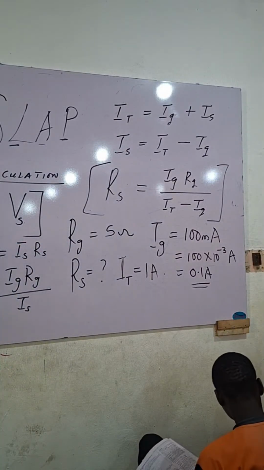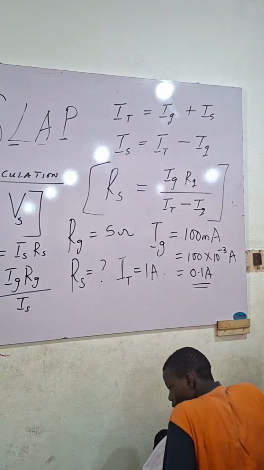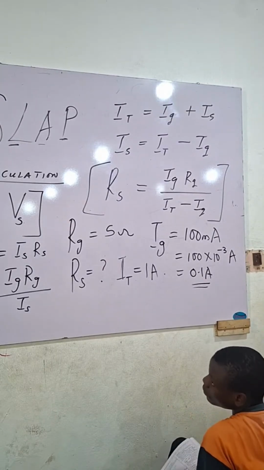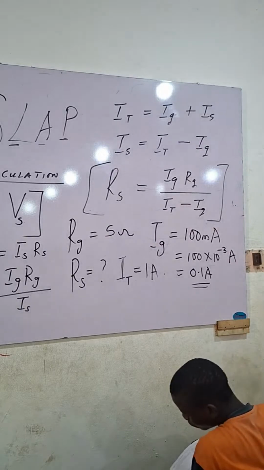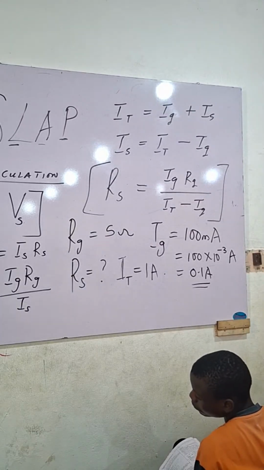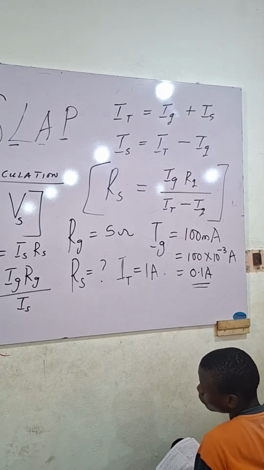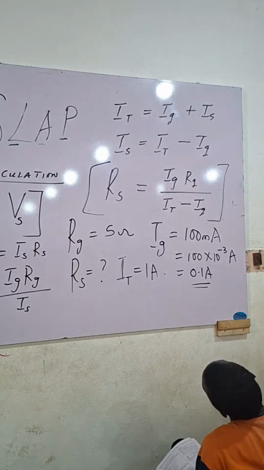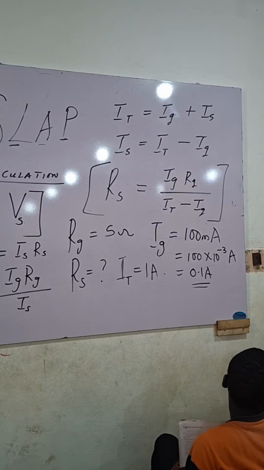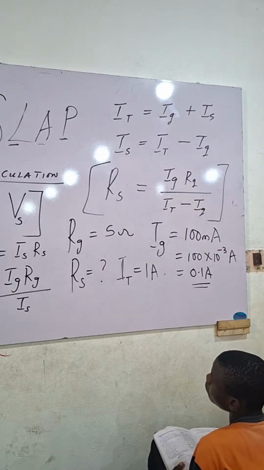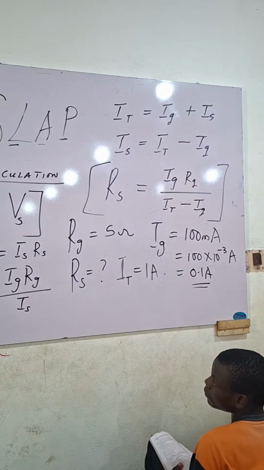But let me see, if I were to be you, this is what I would have done. I need not cram that formula. Since I already connected it in parallel, I know that they gave me I total.